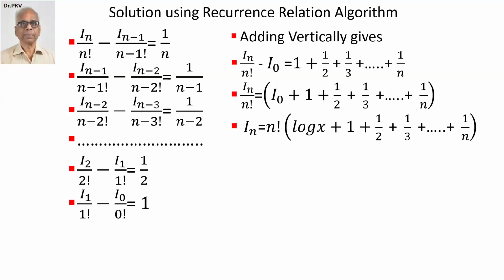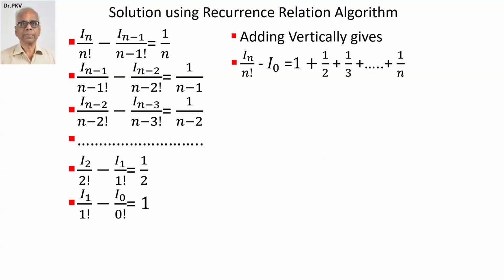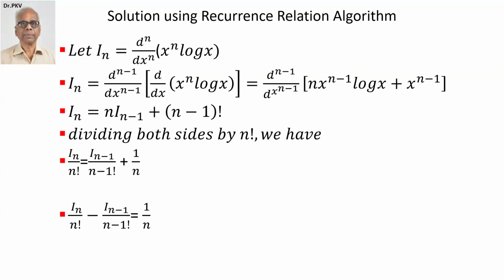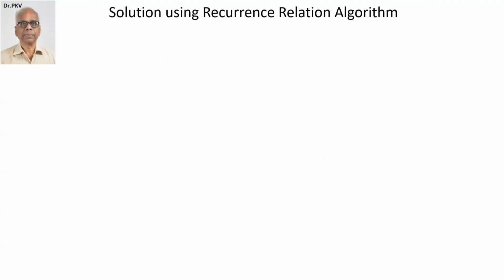I_0 is log x, because if I put n equal to 0, it will be the 0th derivative of x^0 log x, that means I don't differentiate. x^0 is 1, so I_0 is log x.